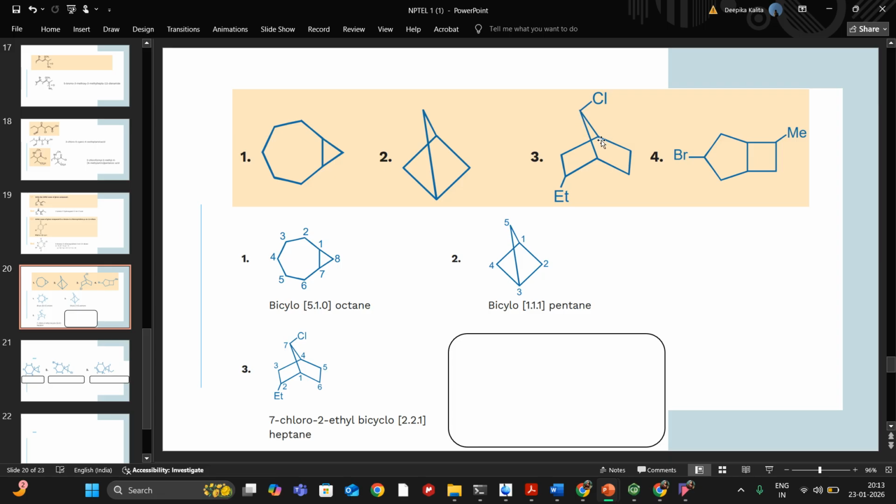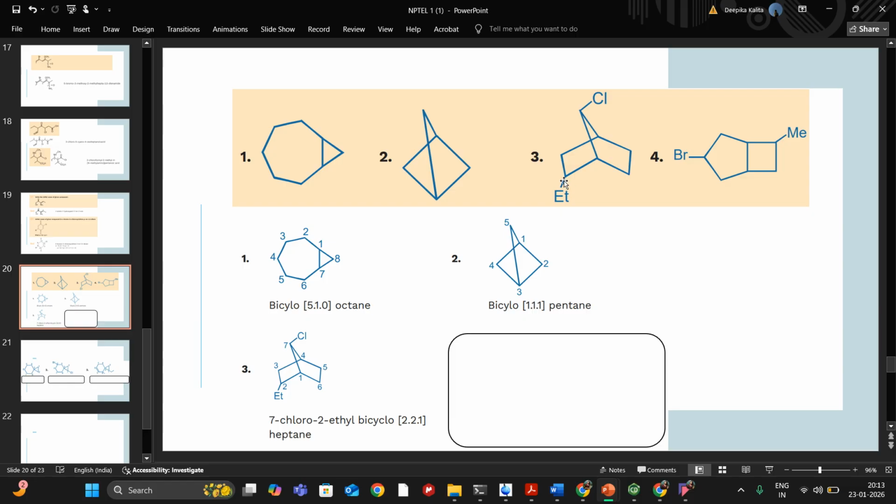Out of these two carbon atoms, we are going to place the first carbon atom as present here, because otherwise, if we number the above carbon atom as 1, the ethyl substituent will get a very high number, which is not allowed. Hence, we will choose this carbon atom as the first carbon, and we will assign second position to the ethyl substituent.